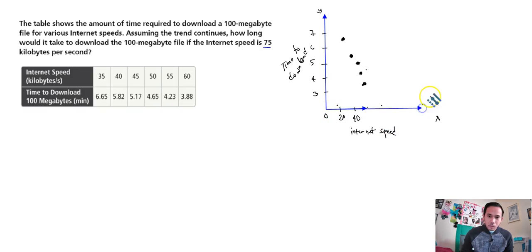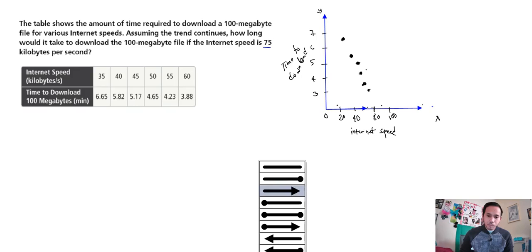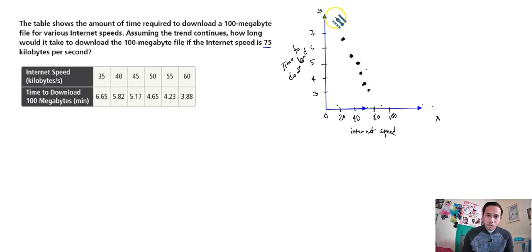Just put there, and then this is 80, this is 100, and then I'm going to put 60 here. It's pretty much near your 80, so it's not a straight line. Okay, and then let's draw a line. I'm going to draw a line here that fits as close as possible.